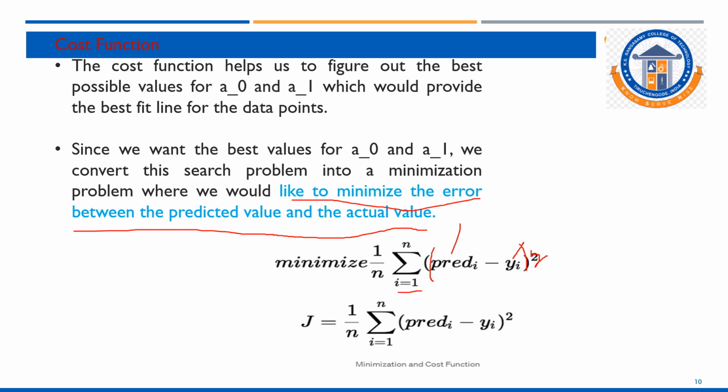This equation is the least square mean: the difference of predicted value minus actual value, then squared, and the mean over the different iterations which have gone.